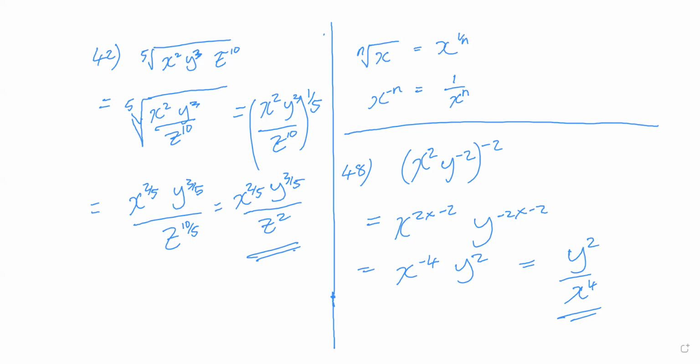And then the last example for this type of question is number 49, which says given square root of x minus square root of y. We don't have any negative exponents here.